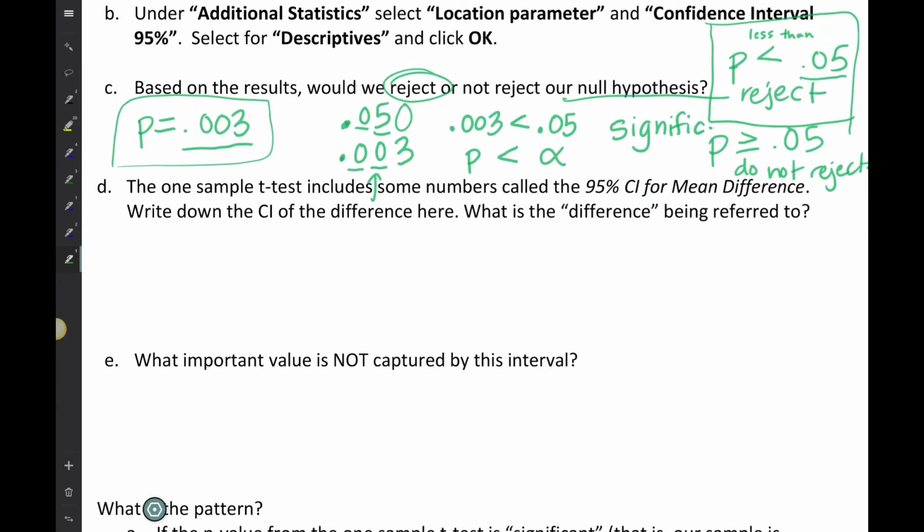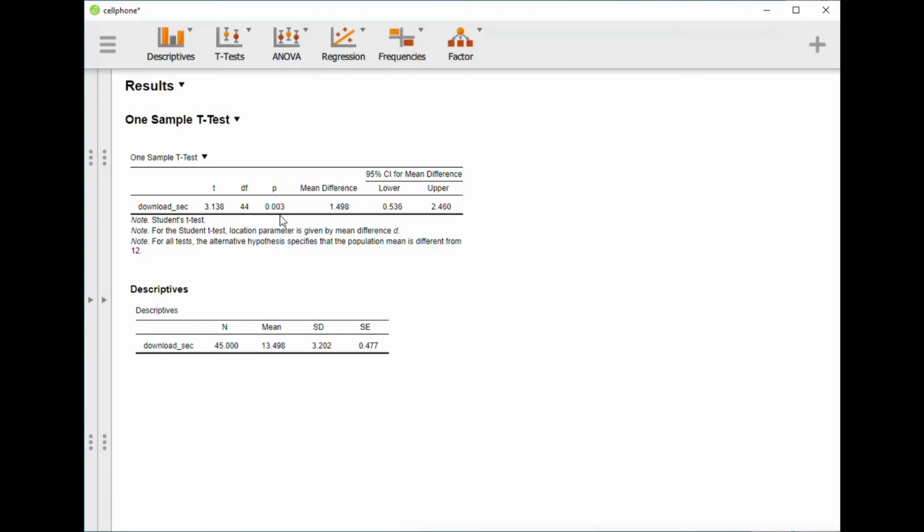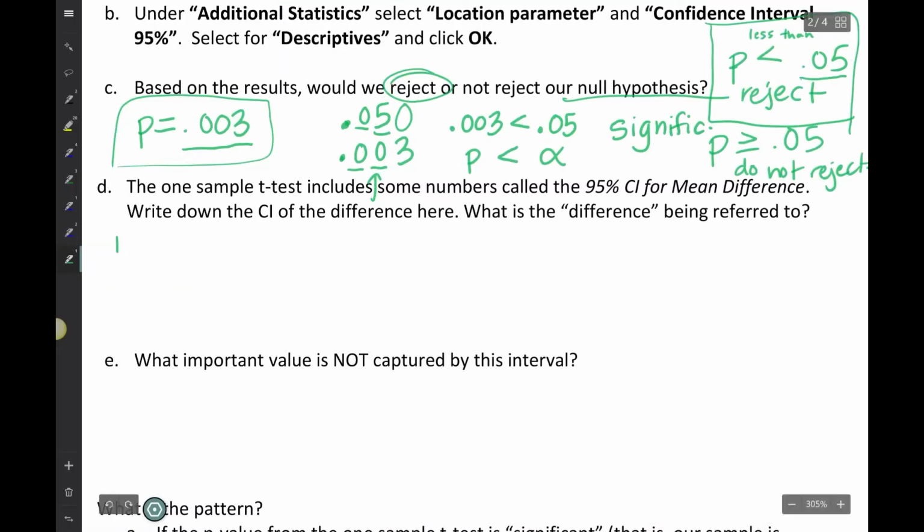It is significant. Let's look at that 95% confidence interval for mean difference. So we can see in our output, I'm just going to abbreviate this, the mean difference. That's not a technical abbreviation, it's just for right now. Is equal to 1.498.